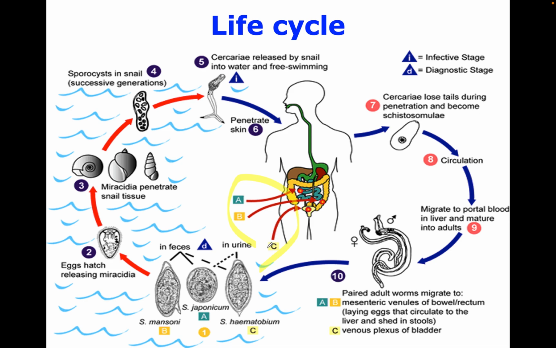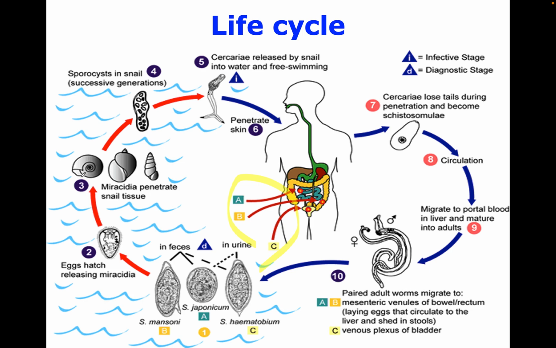Later the matured, embryonated eggs will hatch, and the miracidium will swim into the freshwater snail. Freshwater snails are of different species, and this one is the one we talked about.